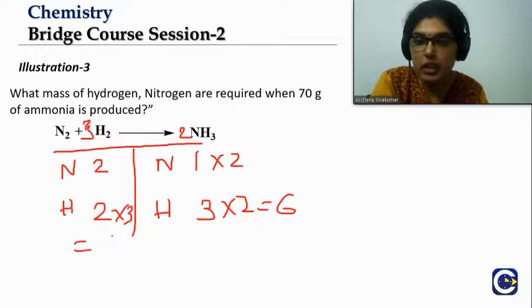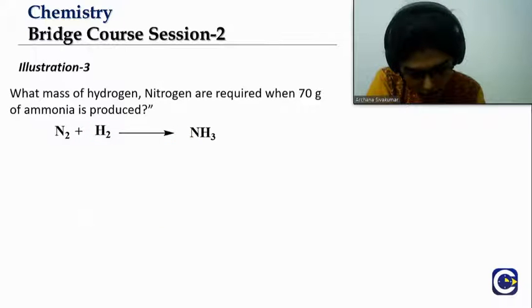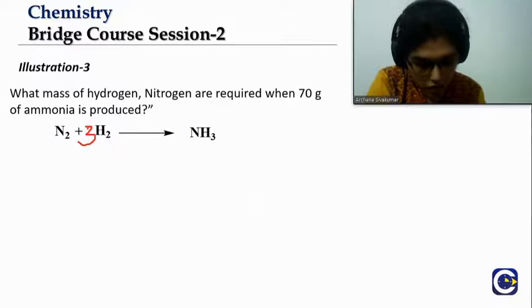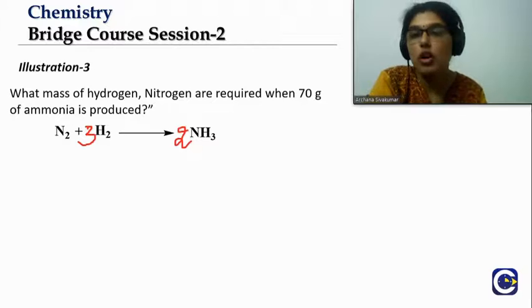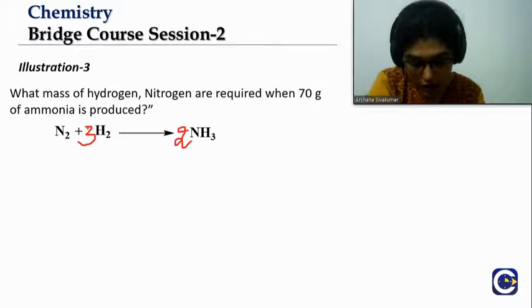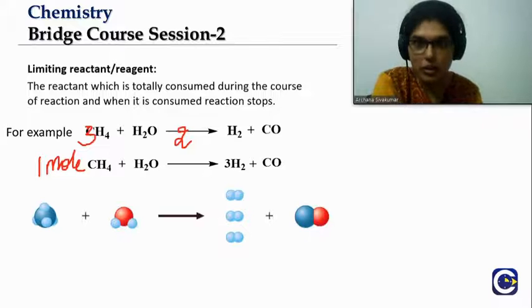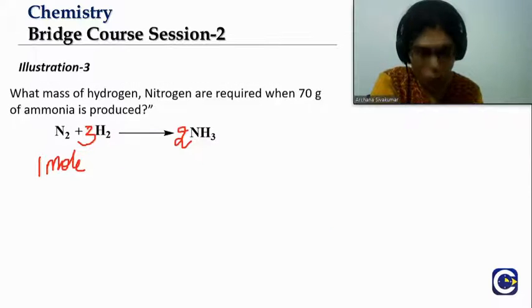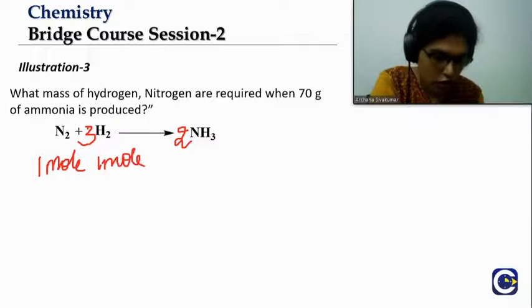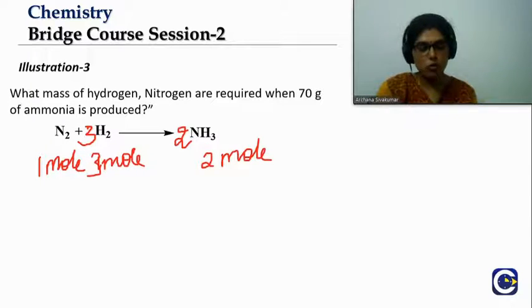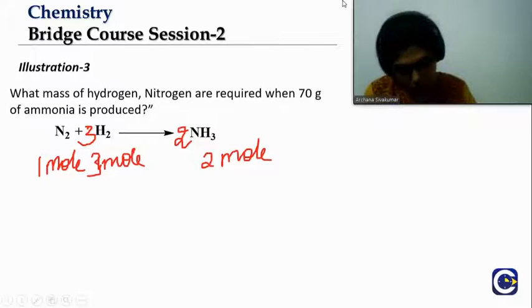So the final equation which I'll get is nitrogen reacting with 3 hydrogen molecules gives rise to 2 ammonia. Or I can also write it as 1 mole of nitrogen will react with 3 moles of hydrogen to give 2 moles of ammonia. So this is what is obtained.